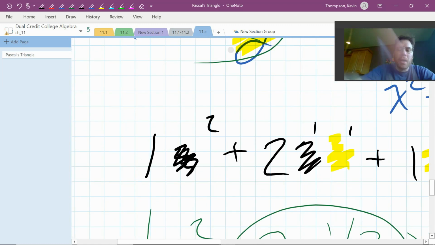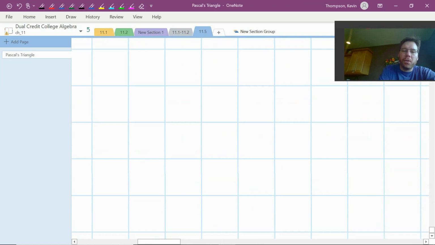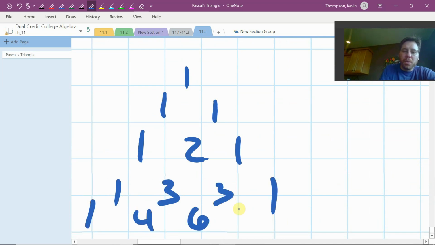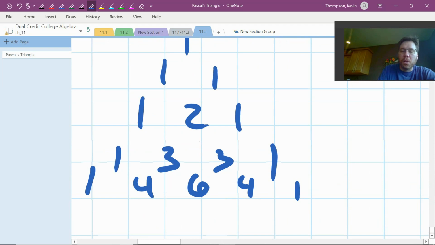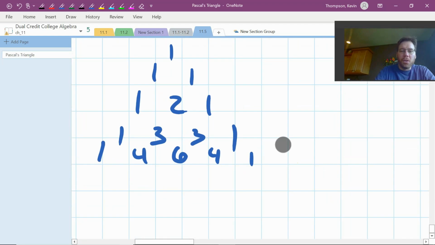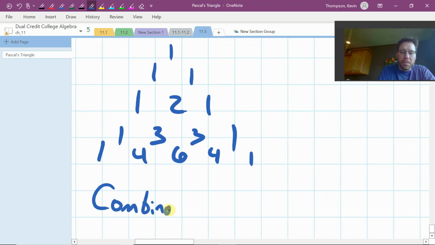Okay, so actually let me just rewrite it here. So 1, 1, 1, 1, 2, 1, 1, 3, 3, 1, 1, 4, 6, 4, 1, and so on. And there's something that we're going to use. It's something called a combination.